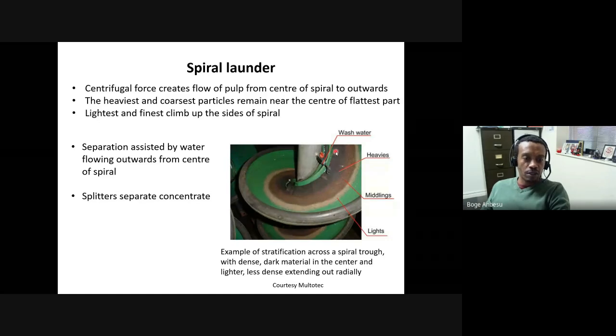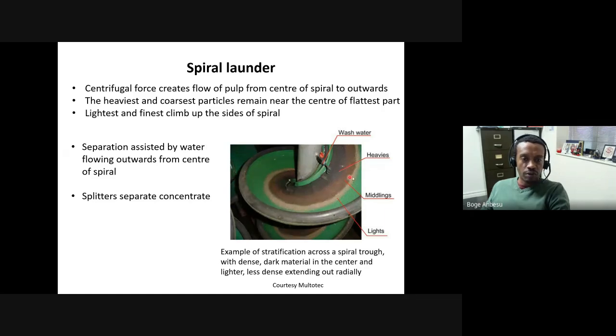So eventually, as particles go down the incline, you should have a situation where light particles report further away from the center of the spiral, while the dark ones here, which are the heavy, are very close to the spiral. So at the bottom of the spiral, you can have openings where you collect the heavies separately, the middlings or intermediate particles separately, and the light particles separately as well.